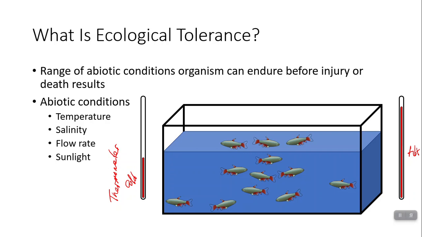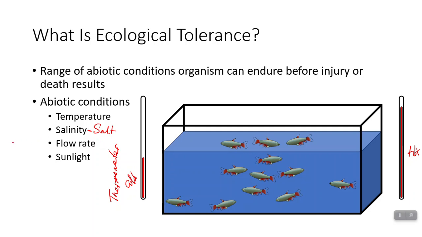There are certain ranges that organisms find comfortable. Now, temperature is a big example, but it's not the only thing. There are two things that are only going to apply in aquatic ecosystems. For example, salinity, which, if you remember, is the salt concentration in the liquid, and the flow rate. How fast is water flowing?